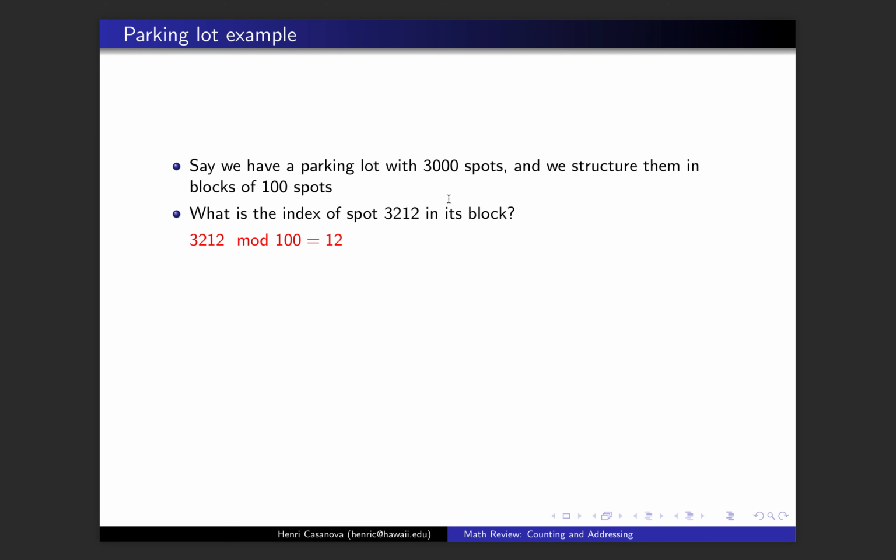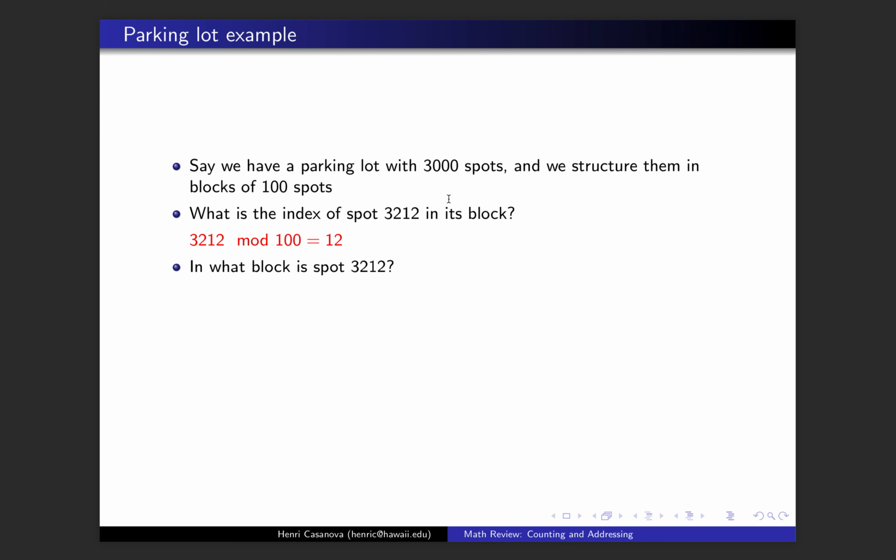You can see that's pretty obvious. The first spot in the first block is spot 0. The first spot in the second block is spot 100. So therefore, spot 3,200 is the first spot of a block, and the one that is that plus 12 is therefore the 12th spot in the block.